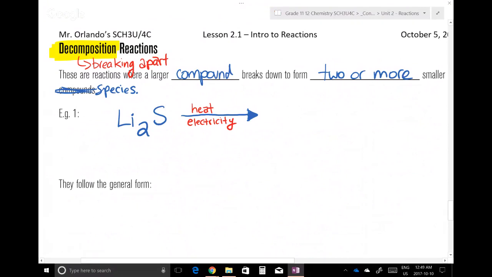Now, the nice thing about these is they're easy. The simple ones, a binary compound like this, I've got lithium and I've got the sulfide ion. What can they possibly break down to? Well, they're going to break down to give me solid lithium and solid sulfur. And keep in mind, neither of these is diatomic, so they're happy just like that.